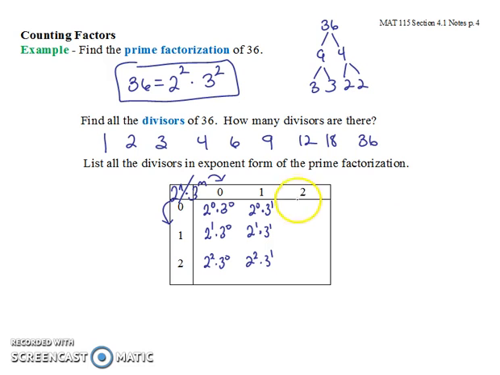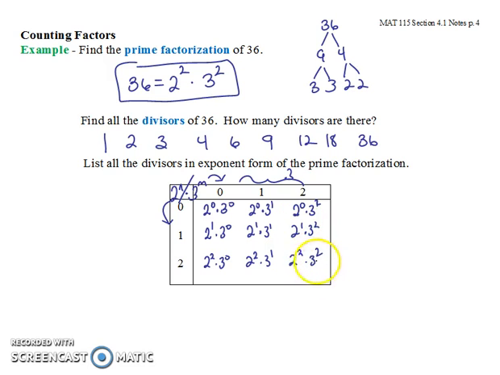And then in my last column, I've got 2 to the 0 power times 3 to the second. I've got 2 to the first times 3 to the second, and I've got 2 to the second times 3 to the second. So notice what I did.